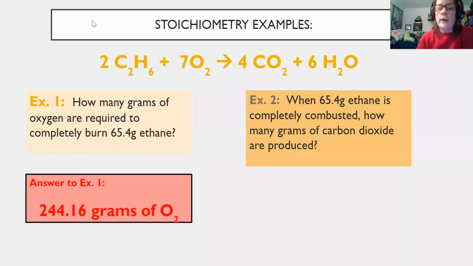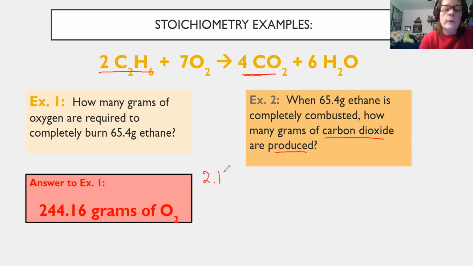But now they're asking how much CO2 is going to be produced. Well, we already know the moles of this because we figured it out in step 1. We said there was 2.18 moles of C2H6.